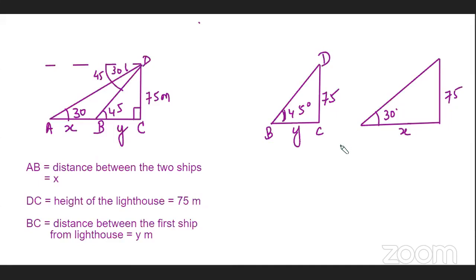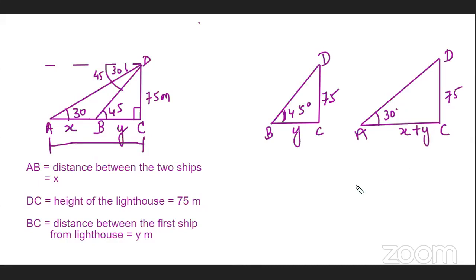Harsh, come to me. DBC triangle, BC is Y, yes or no? Yes, ma'am. Now for 30 degrees, which triangle do we have to take? Name the triangle, Harsh. ADC. ADC, correct? So check the main one from A to C: X plus Y. Yes. So that is my mistake.